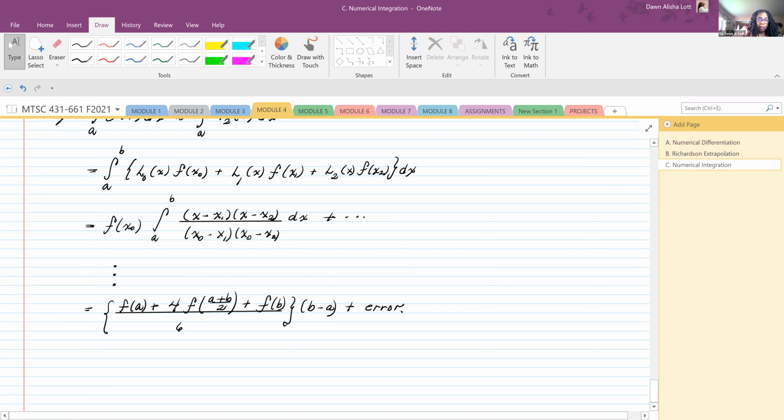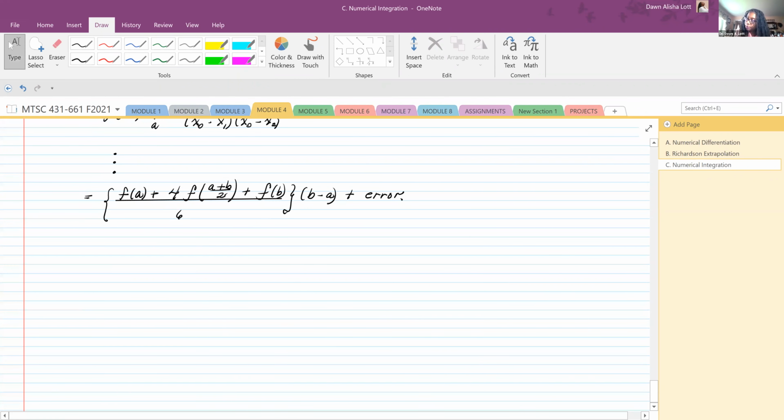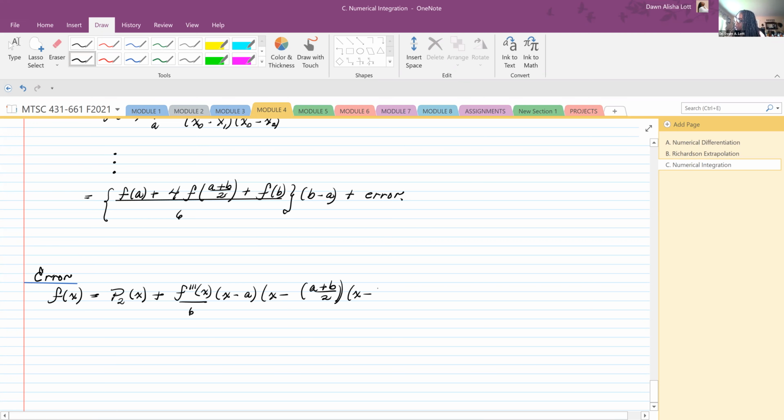So what does our error look like? Well, our error, f of x is Pn or P2 of x, and the error looks like the third derivative over 6 times x minus a times x minus a plus b over 2 times x minus b.